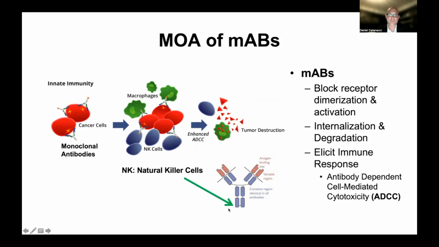And these natural killer cells bind to the back end of the antibody. Remember, the antibody looks like a Y, and the top parts of the Y are where the antibody binds to a specific site, in this case, the HER2 epitope. And on the back end, called the Fc domain, is where the NK cells will bind.